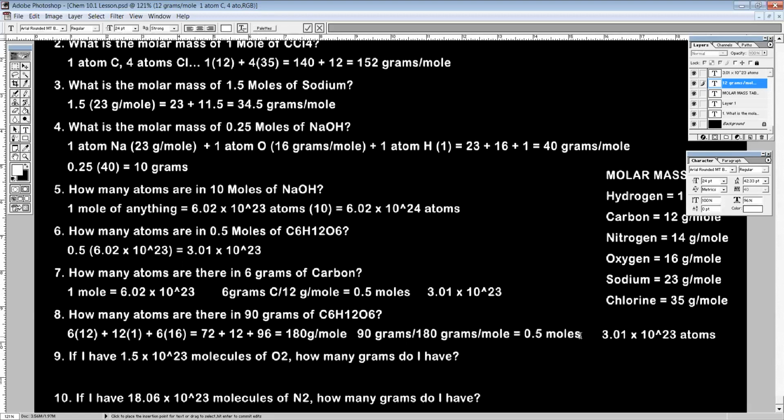Number 9. So here I have 1.5 times 10 to the 23rd molecules of oxygen.